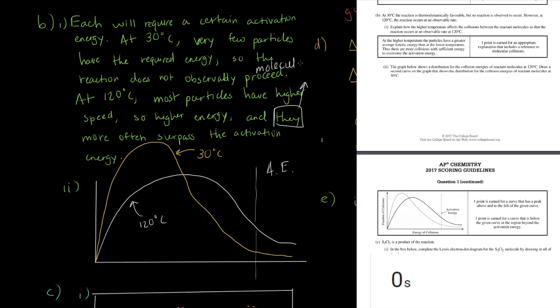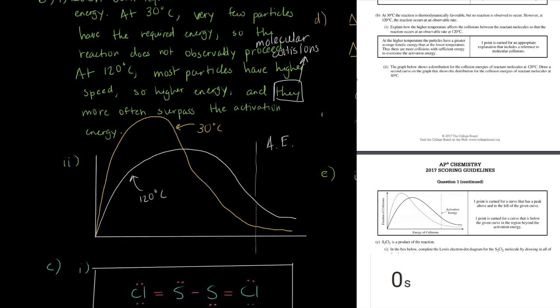So molecular collisions more often surpass. And why can't I write collisions? Collisions. Yeah, unfortunately, I do not earn that point. Got to be harsh with yourself when you're grading.